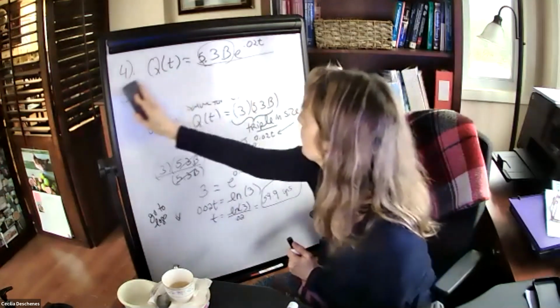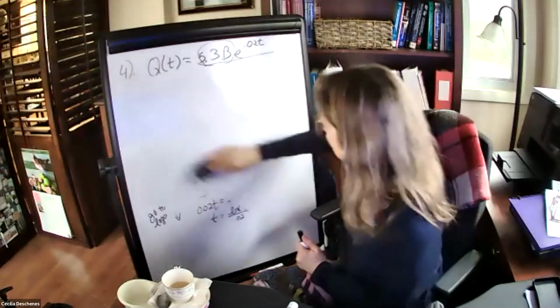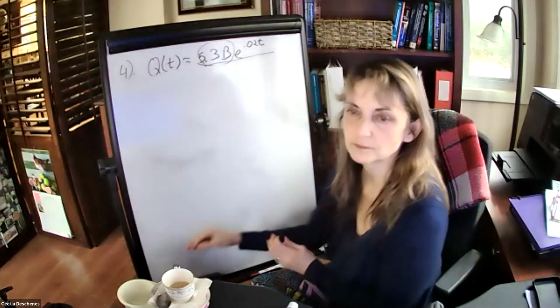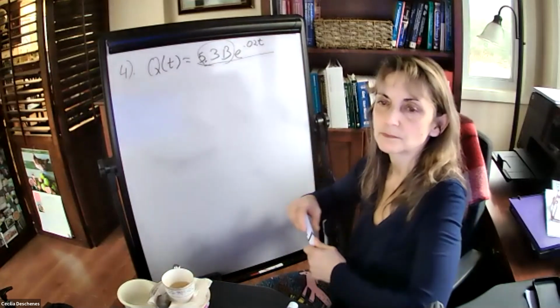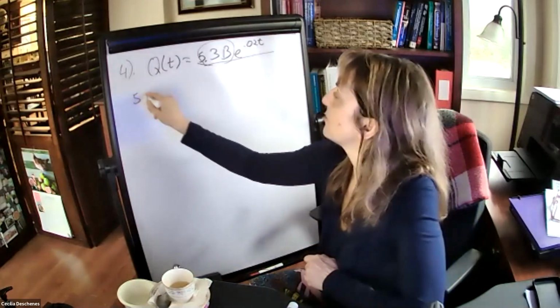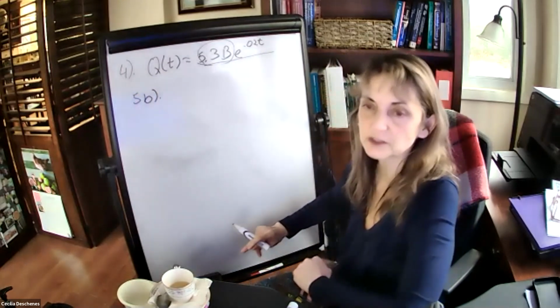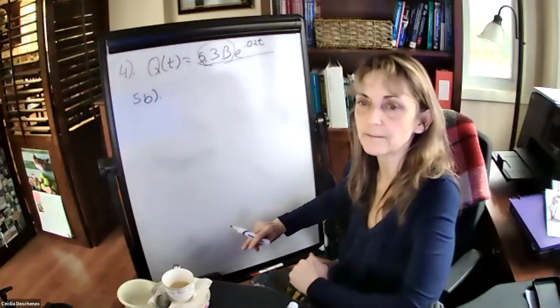All right, so let's go ahead and look at this problem. So 5B is not well written. So if you get frustrated with that, I apologize. I try to only quiz you or test you on ones that are well written.